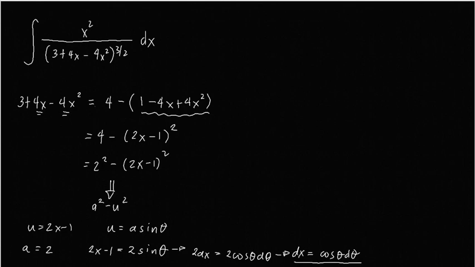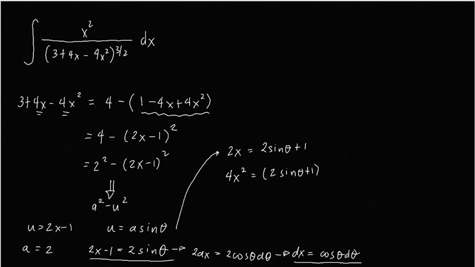Then take note that 2x minus 1 is equal to 2 sine of theta. So we have x squared here. So from here, 2x is equal to 2 sine of theta plus 1. And then squaring both sides, we have 4x squared equal to the square of 2 sine of theta plus 1.